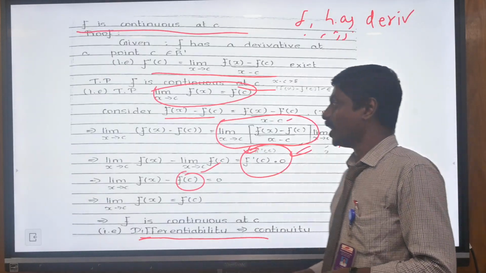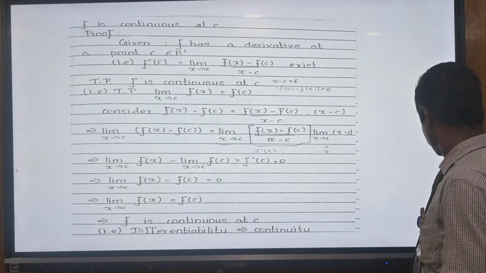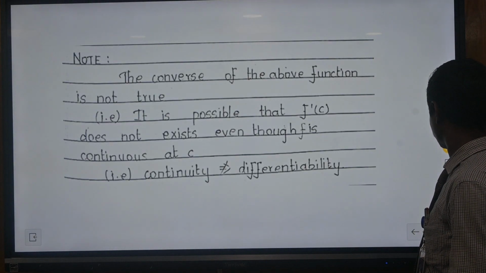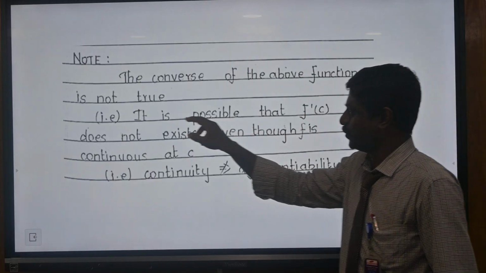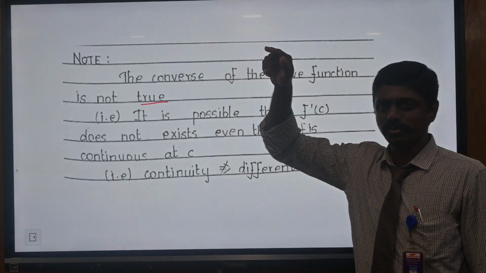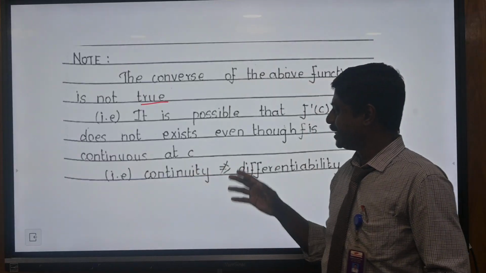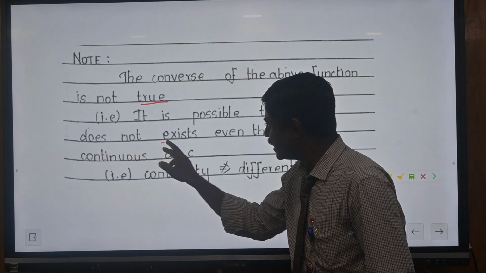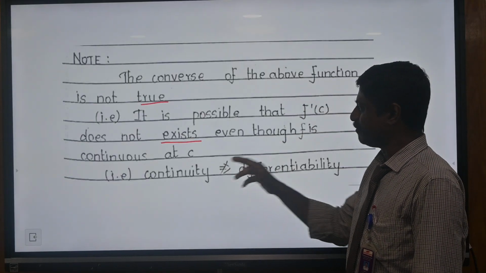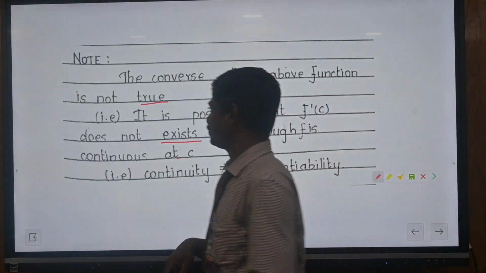Let us see the converse. Note: yes, the converse of the above theorem is not true. What is the above theorem? Differentiability gives continuity. It is possible that f dash of C does not exist even though f is continuous. This is very important.